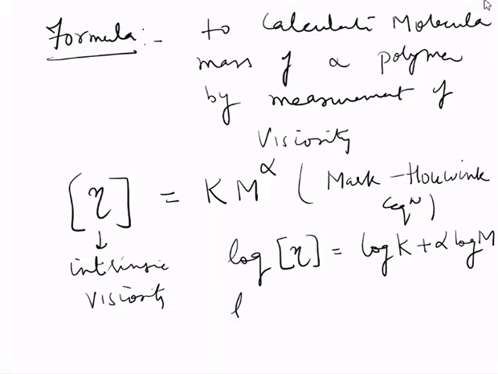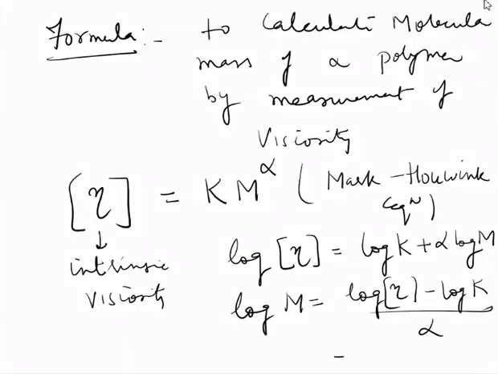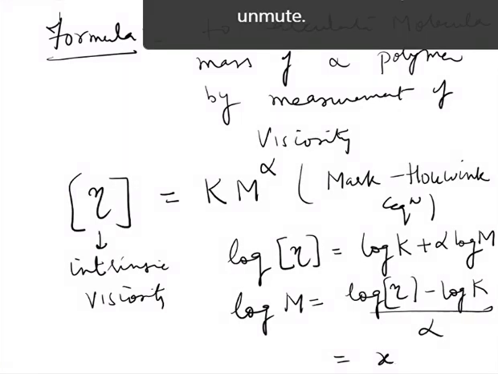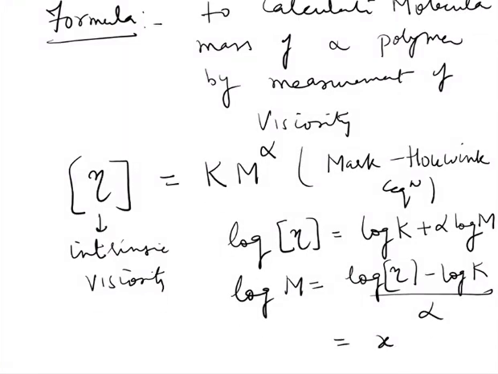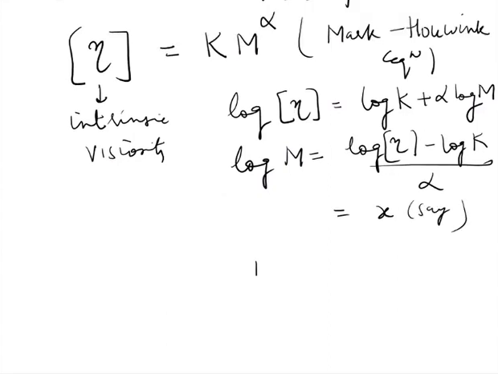So log M can be written as log eta minus log K upon alpha, and we say that after solving it you get the answer as X class. ठीक है? X we say. ठीक है? So your M will come out to be the antilog of X, which is equal to Y. So M is equal to Y class.